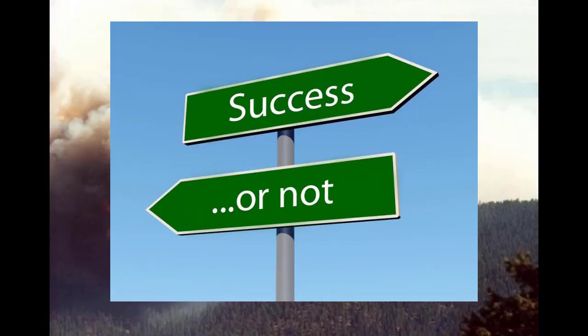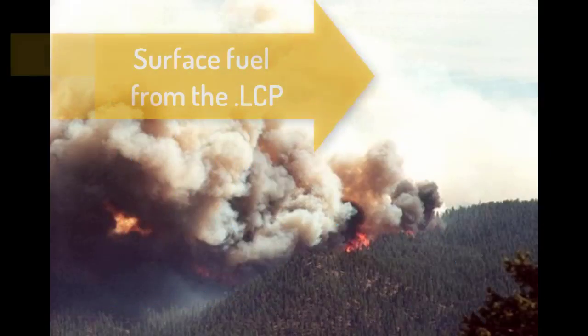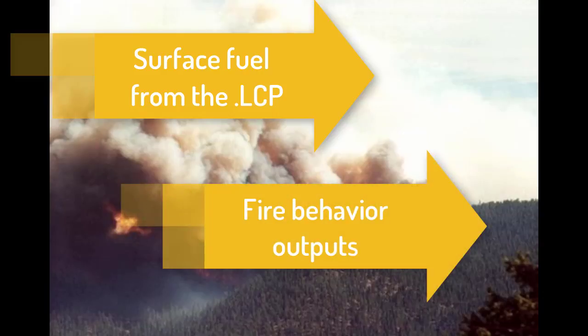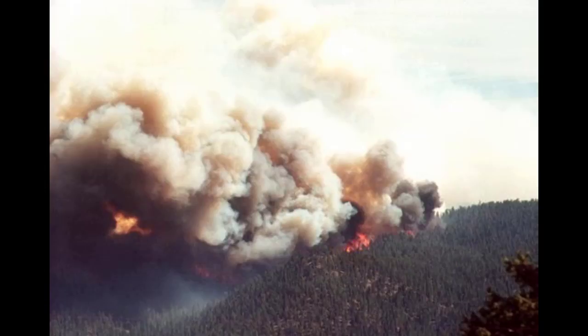So it's important that we have accurate inputs, those inputs being our surface fuel vegetation from our LCP files, and then we get these outputs. Now, of course, the outputs come along with their own set of assumptions because we're using fire behavior models to say what the fire could certainly behave like when we do our FlamMap runs.